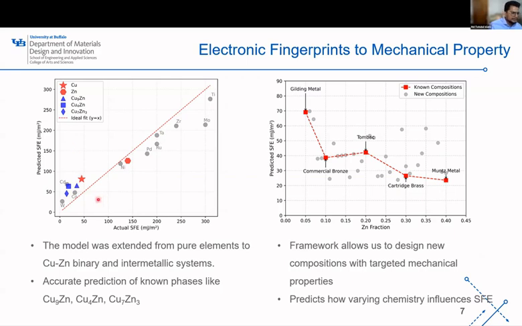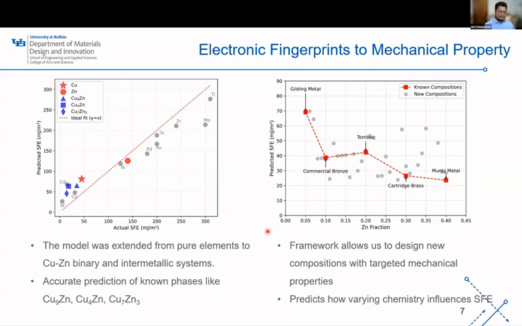Our predicted stacking fault energies are in very close agreement with the actual experimental stacking fault energies, and it correctly predicts the stacking fault energy of these binary alloys. This confirms that our model is not just fitting the noise, it is also learning the physical pattern in the data. It also means we can now design new alloys by selecting elements based on their density of states.